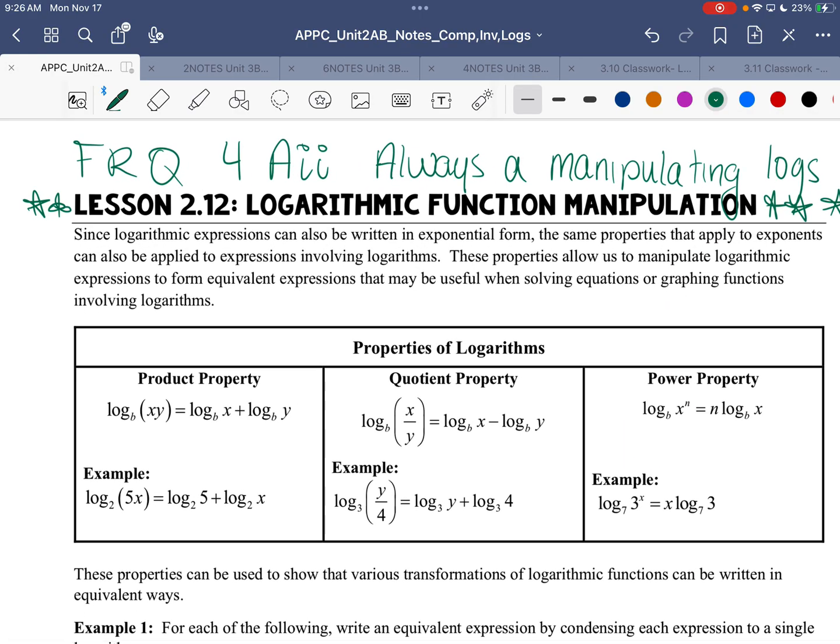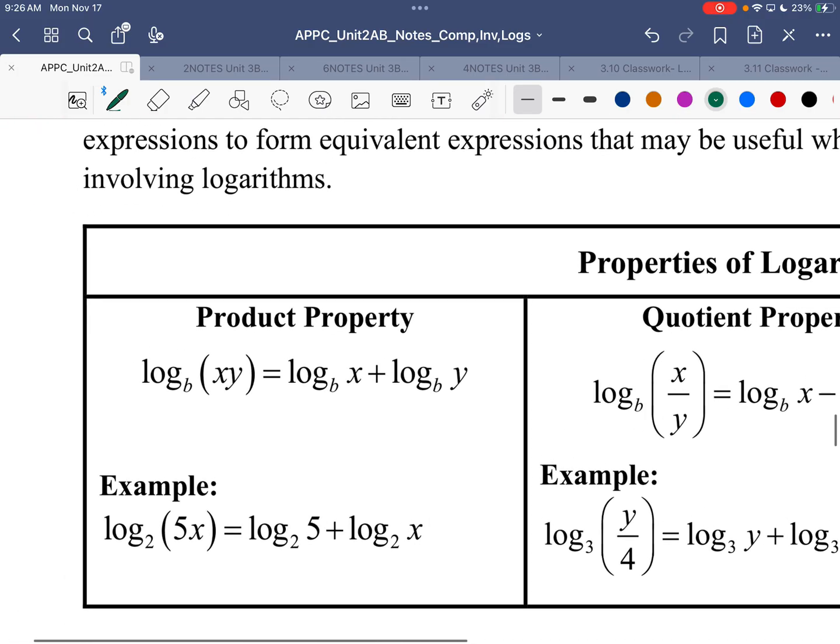What do we know about logs and their relationship with exponents? Carolina? They're inverses of each other. So when I deal with an exponent, I'm going to deal with it the same way as I do with a log. So thinking here, if I had x to the m times x to the n, because they have the same base, what would you do with those exponents?